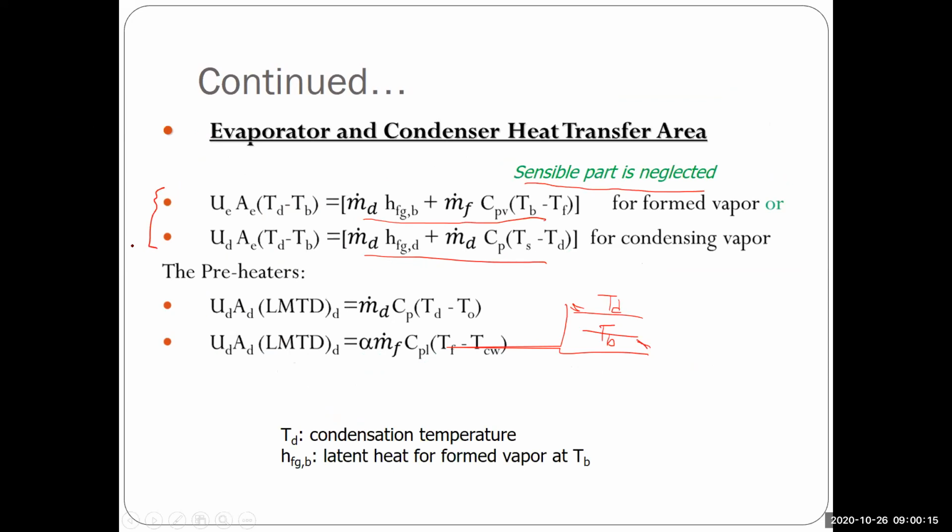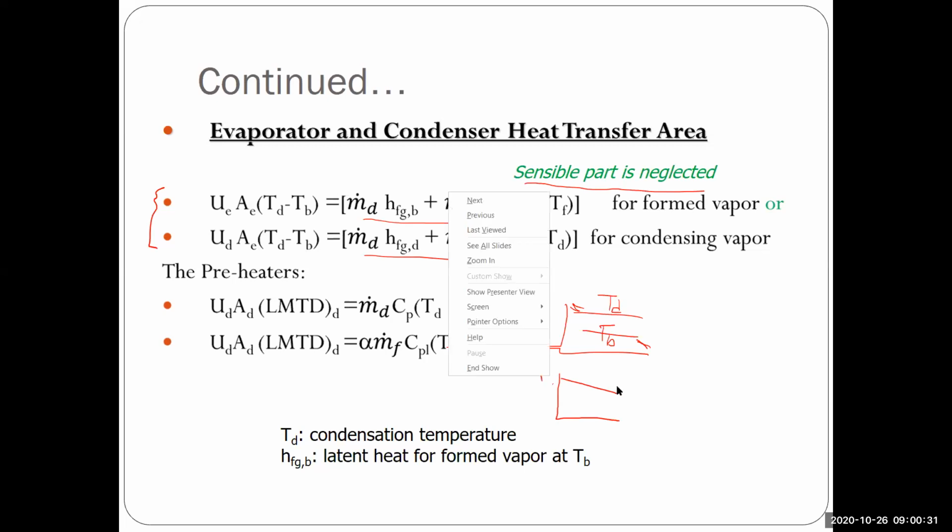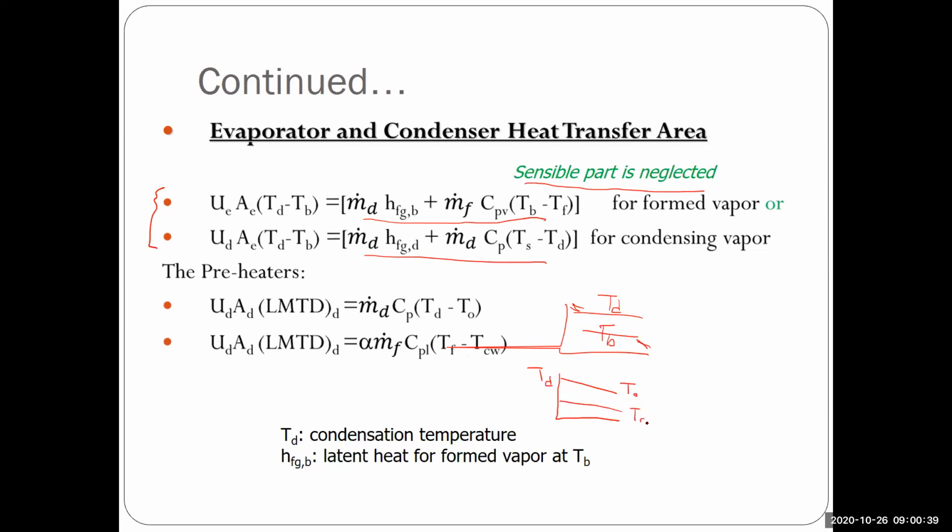And then finally, for the couple of heat exchangers that are used to preheat the feed, we have one heat exchanger in which the distillate is being cooled down to T naught in order to preheat the feed from T cooling water to T feed.